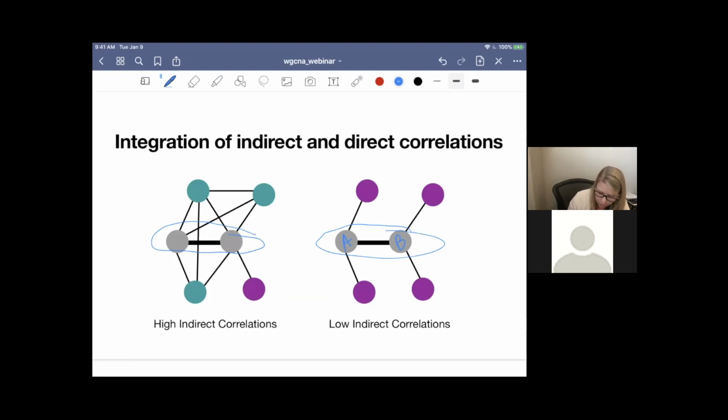So this has a low indirect correlation. On the other side, for this high indirect correlation, you see that both A and B are associated with 1, if you can see that. That's kind of poor color contrast. And both of them are also associated with 2. So it gives us more confidence that it is truly an association between A and B that we're seeing, and it's not something spurious if we can say that they're also both associated with these other genes.